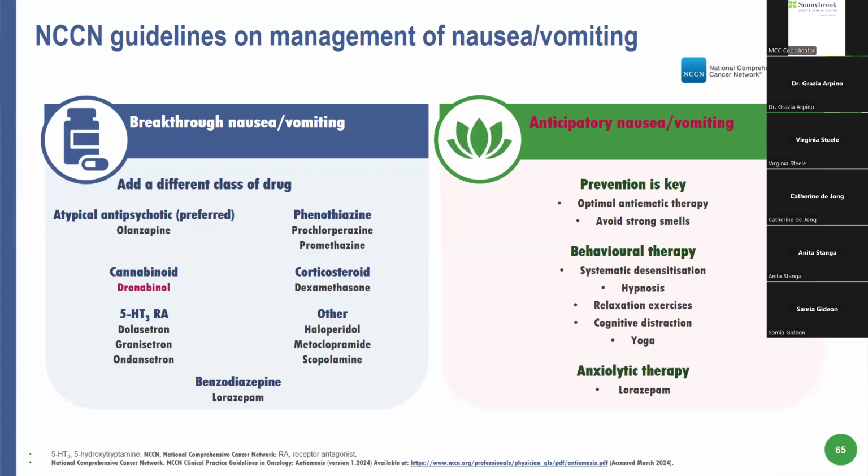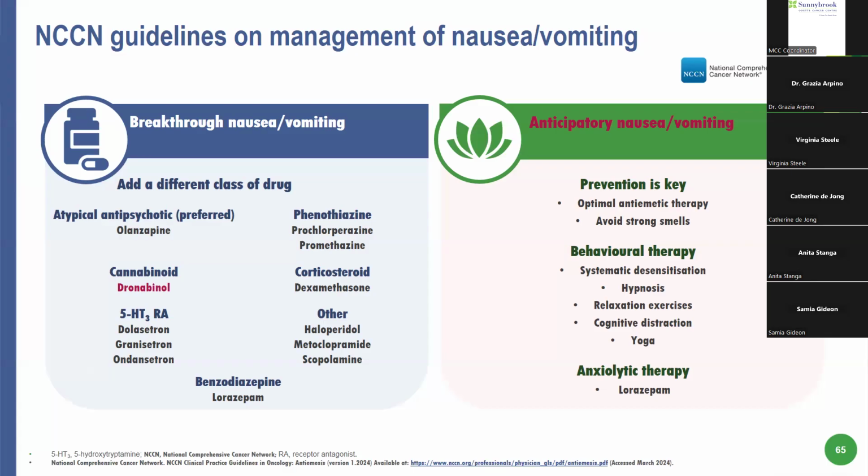And how do you decrease the incidence of anticipatory nausea? The very first step is to give the right treatment at the very first cycle. In that way, patients never experience nausea and vomiting and don't retain the memory of this experience, which is very much related to later experiences in the later phases of treatment.